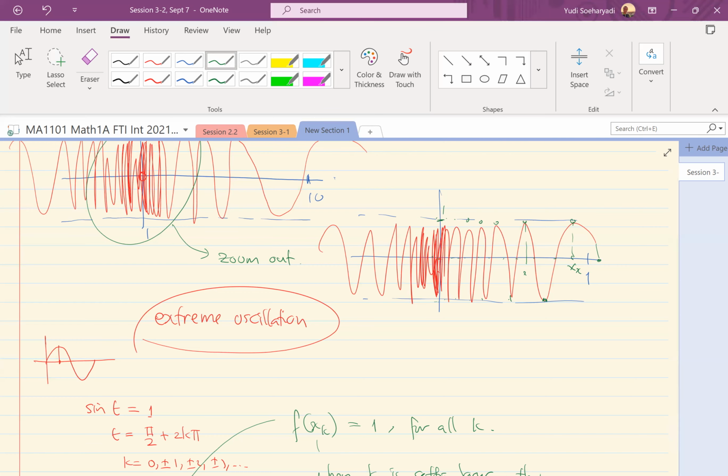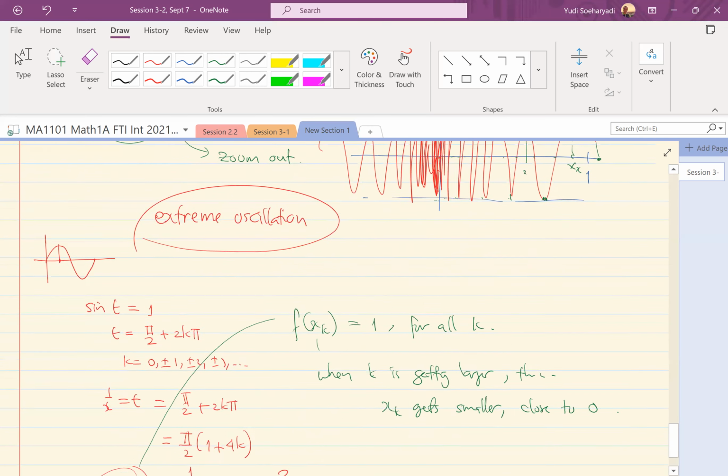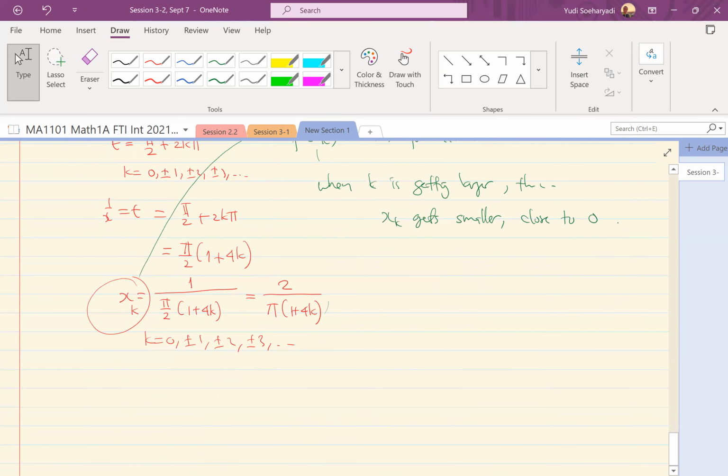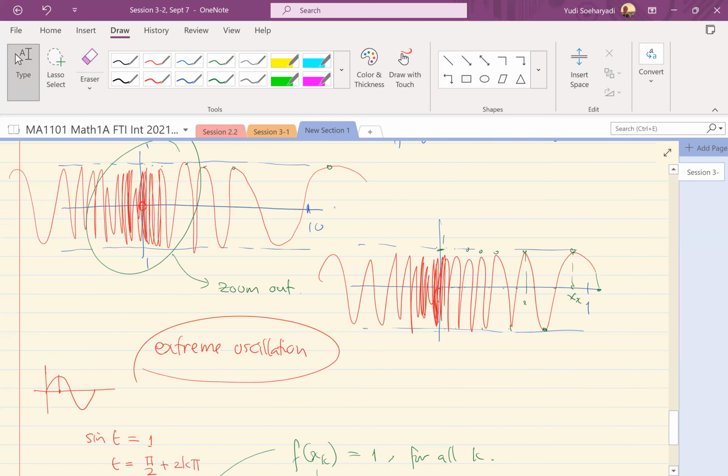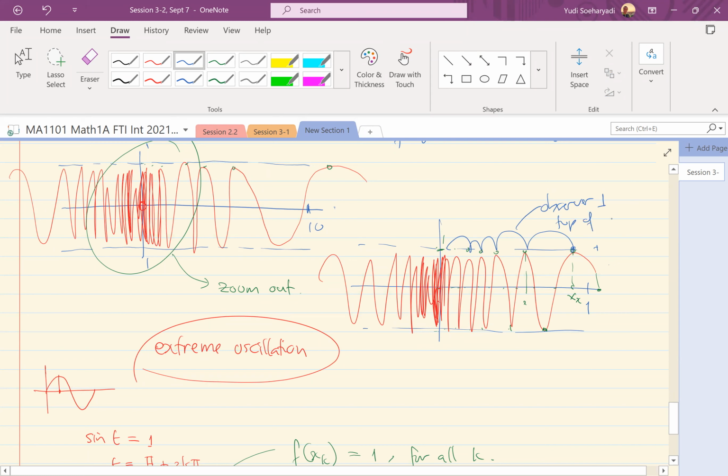Okay, so there is no single number. So let me just tell you this here. This is observer 1, on the top of the wave, who thinks this should go to 1.